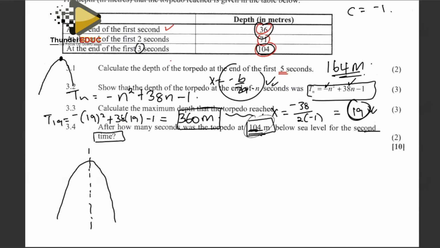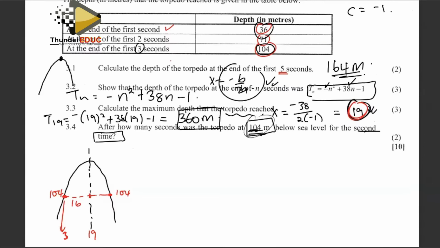Okay, so if this is 104 after 3 seconds, which means we expect to have another 104 on this other side. But we said that the turning point happens at 19, position 19. So what is the distance from here up to here? So 19 minus 3 is 16, okay?